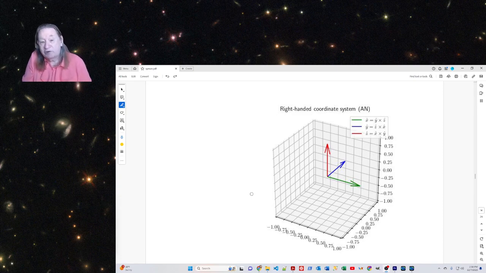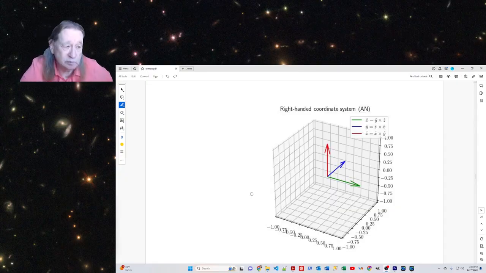The green is x, the blue is y, and the red is z. Now, the path is only in x and y. The alpha particle doesn't move in the z direction. But that's the way I simulated it. And I'll show you the code now.